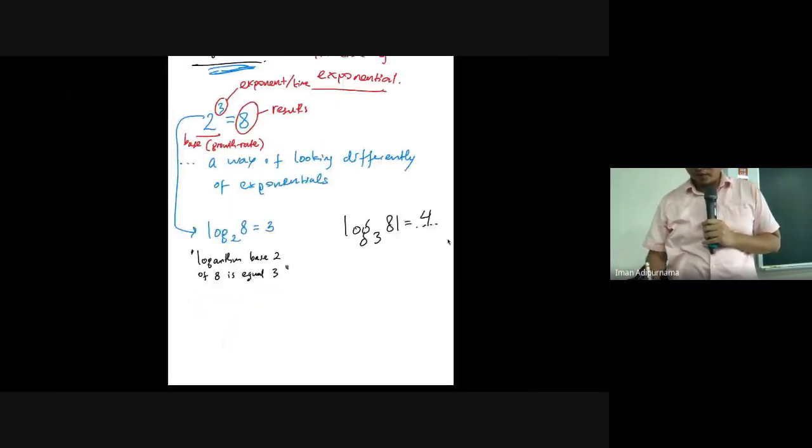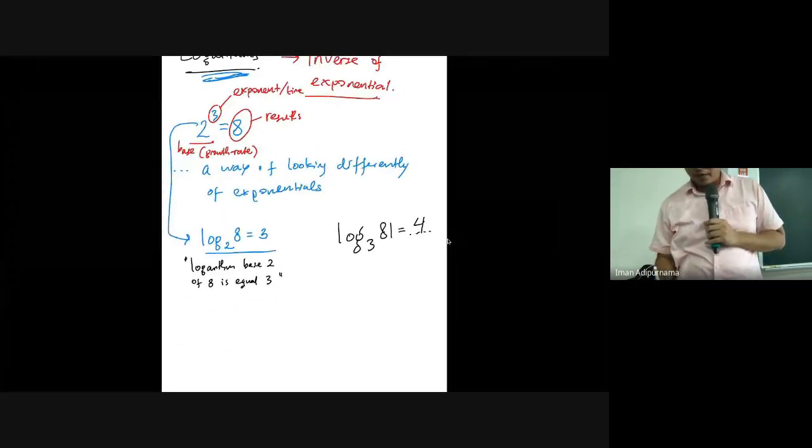Still confused? If you're still confused, let me explain. What is happening in log? For example, this one: log base 2 of 8 is 3. Which means I can write this as this one, right? Got it? And I can rewrite this as 3 to the power of 4.